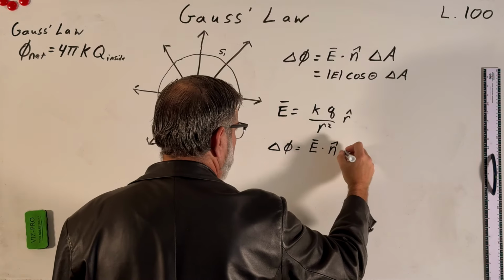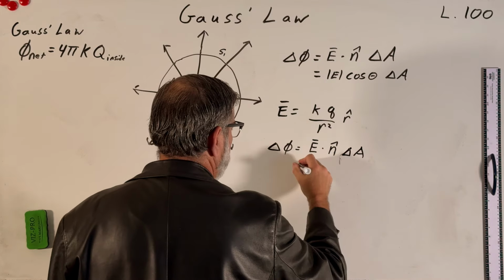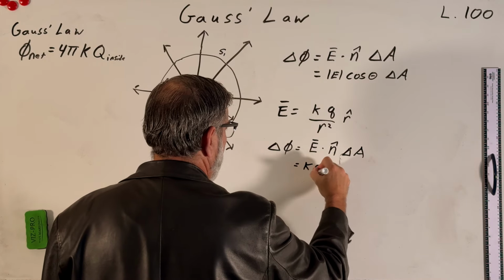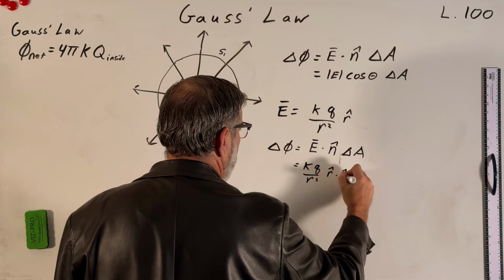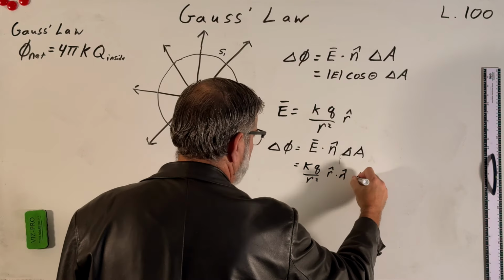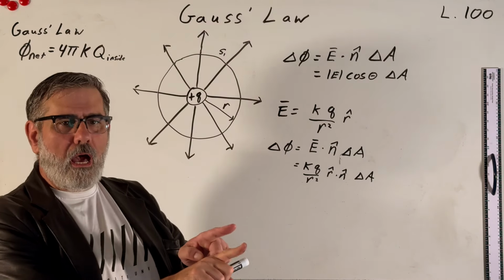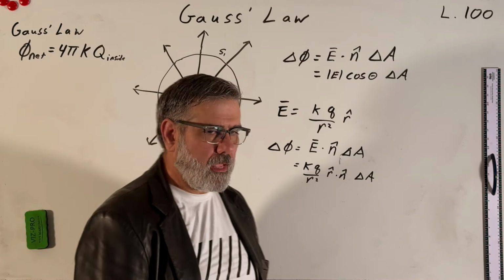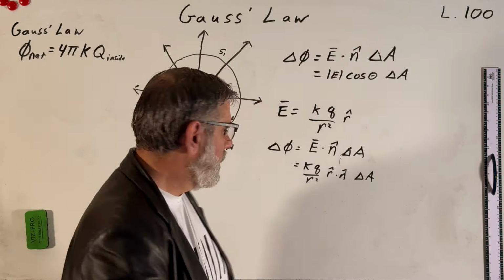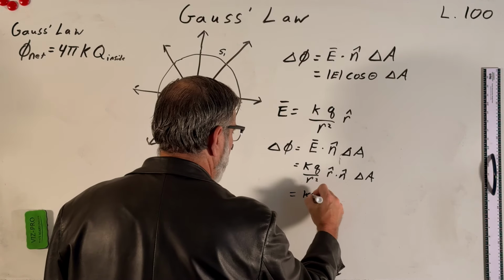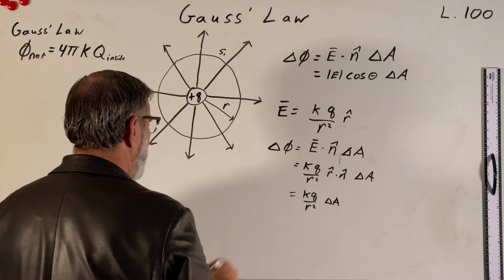So we would get, and then of course times delta A. This is going to be K, Q over R squared, R hat dot n hat. I know they look very similar, but sorry about that. And R hat dot n hat, since they are aligned, this is the same thing as having an angle of 0, which means that the value evaluates to 1, right? So that's giving me K, Q over R squared times delta A is equal to delta phi.